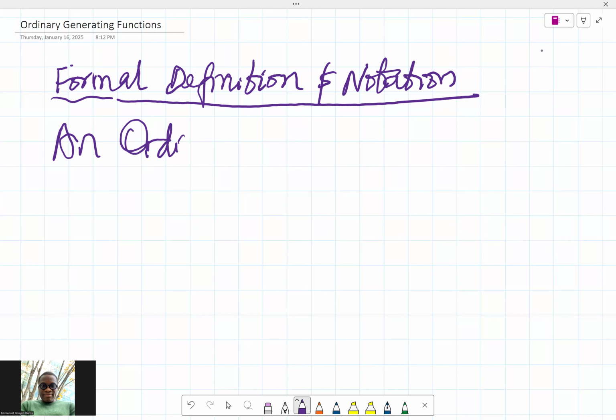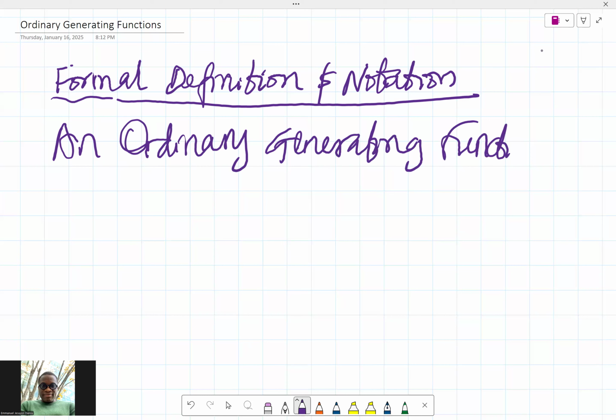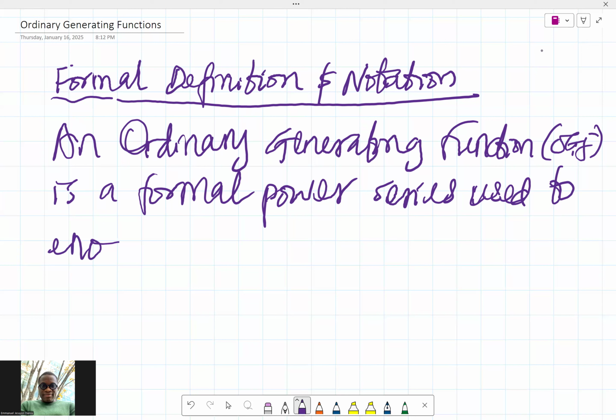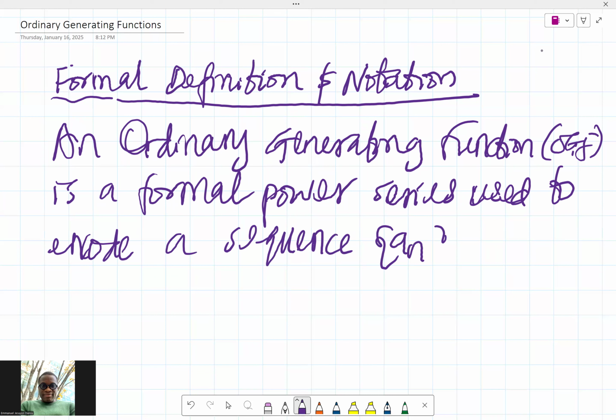an ordinary generating function, OGF for short, is a formal power series used to encode a sequence a_n from n greater than or equal to 0.